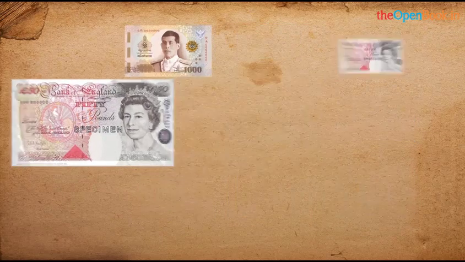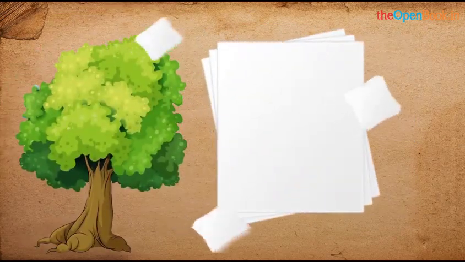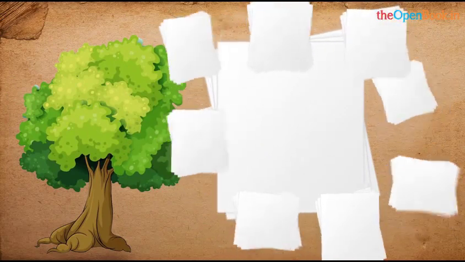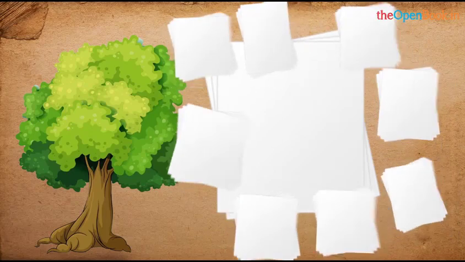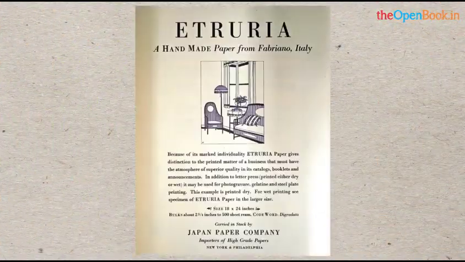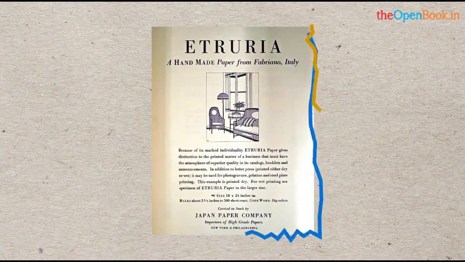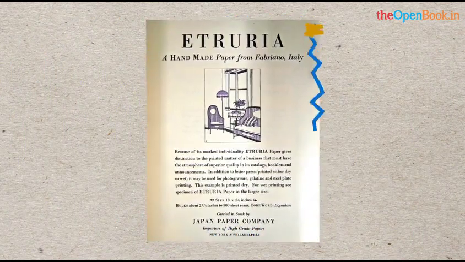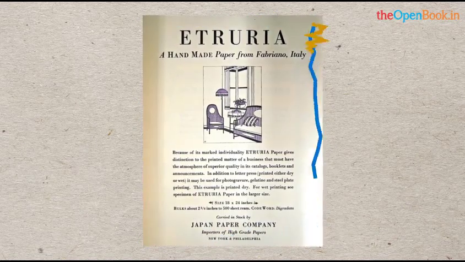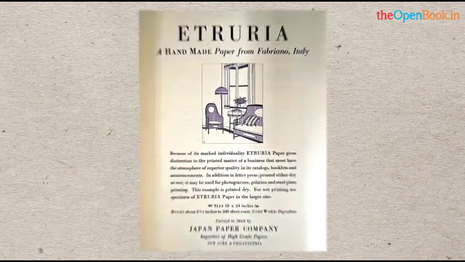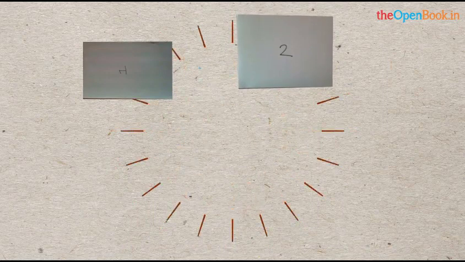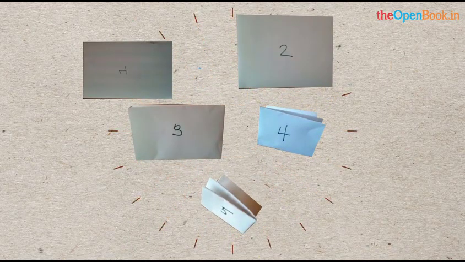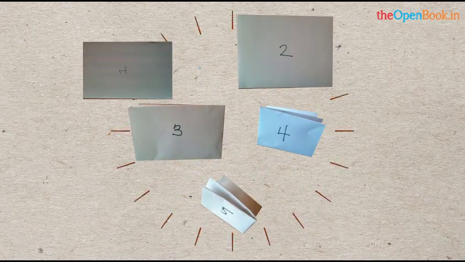One tree can make a lot of paper. The general A-size paper we use commonly was made in Germany in the 1920s and adopted internationally in the 70s. The largest handmade paper sheet made was in Japan in 2009. Another interesting fact is that there is a limit to how many times a paper can be folded. This is because each time we fold, it increases in thickness.